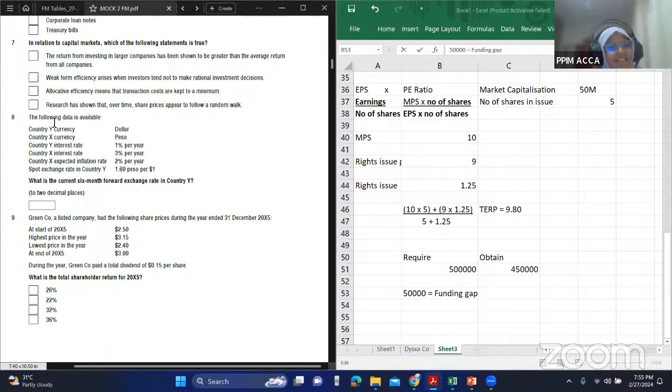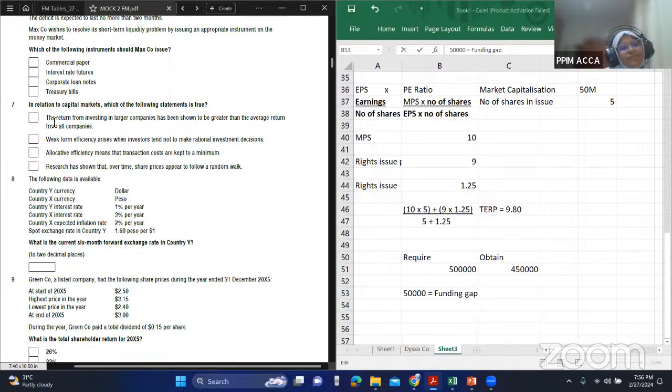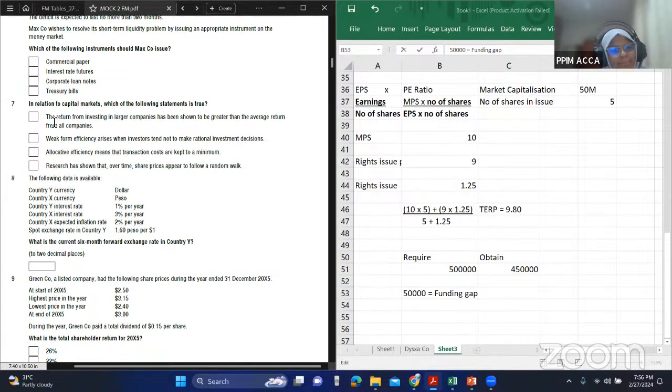See if you can get what the forward exchange rate is in country Y. Okay, so try that out.